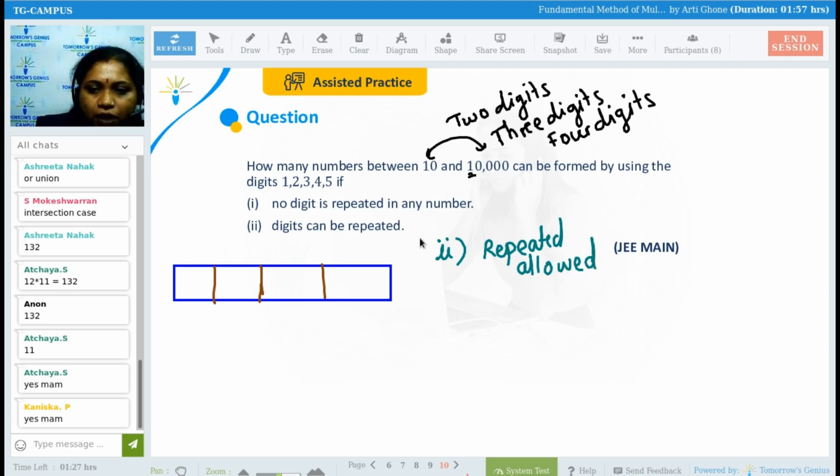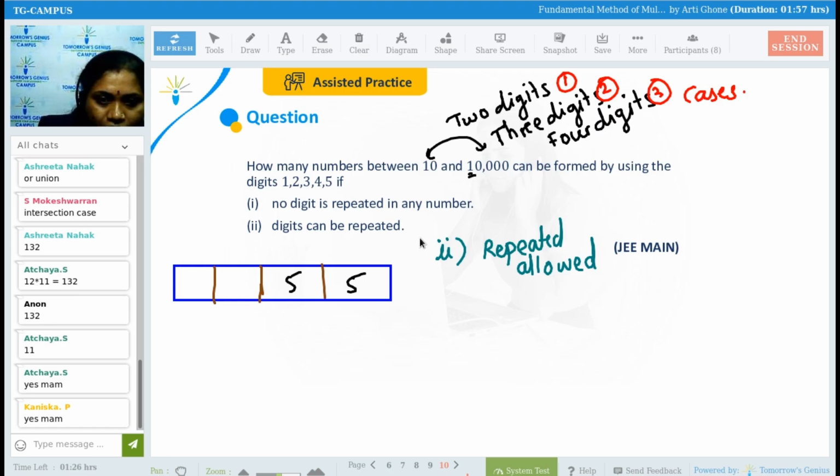How many ways can a 2-digit number be created? Any number can be acceptable here and any number can be acceptable here. Yes or no? Any digit is acceptable. 11, 12, 13, 14, 15, 21, 23, 24, 25, 31, 32, 33. So I have the 2-digit number creation. So this is my case 1. I'm just naming cases.